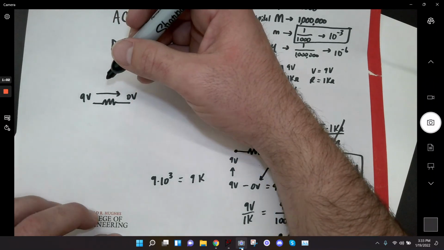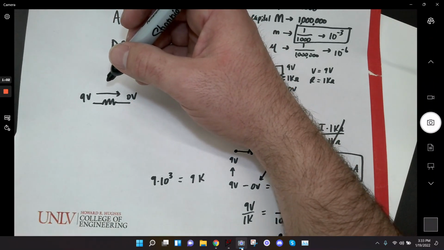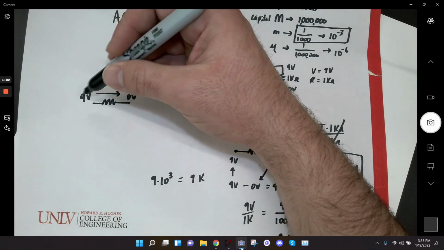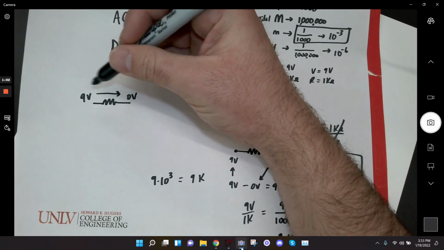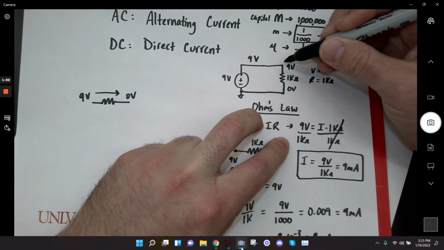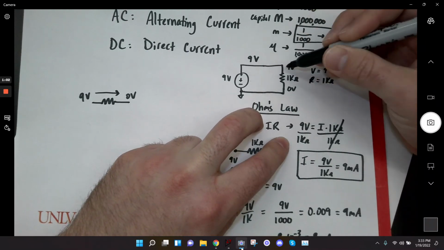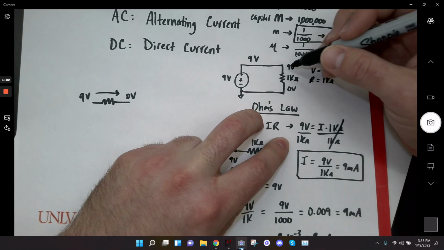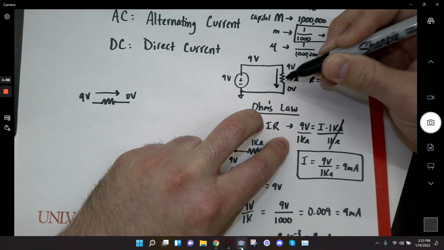So I think on the first homework, I asked you guys to let me know what direction the current is flowing by denoting it with an arrow. And so in the case where you have 9 volts here and 0 volts here, the current will be flowing this way. So in this circuit, I had 9 volts up here connected to the plus terminal of the battery, and I have 0 volts connected to the minus terminal. So across this resistor, my current is flowing like this, right?